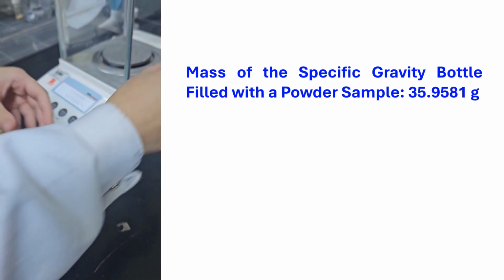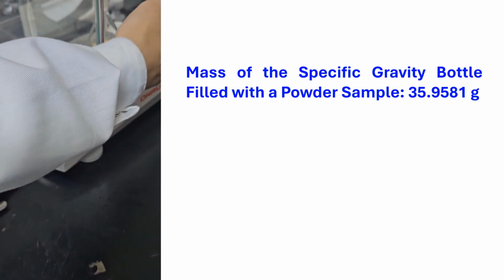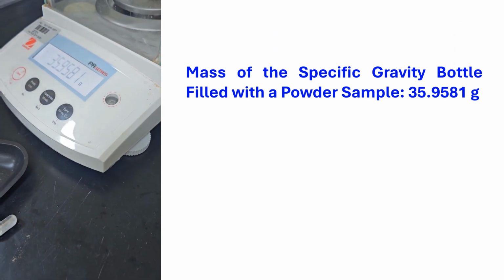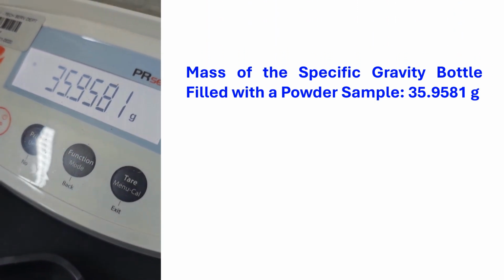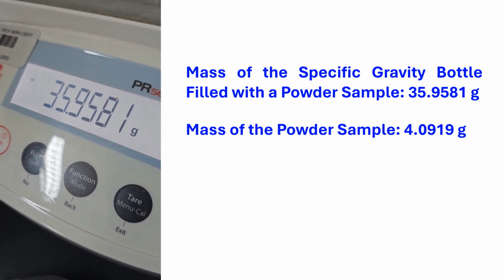We recorded the mass of the specific gravity bottle filled with a powder sample. It was 35.9581 gram. Mass of the powder sample was 4.0919 gram. It was subtracting 31.8662 gram from the 35.9581 gram, that is bottle mass with sample.